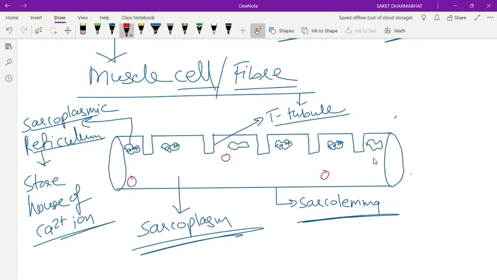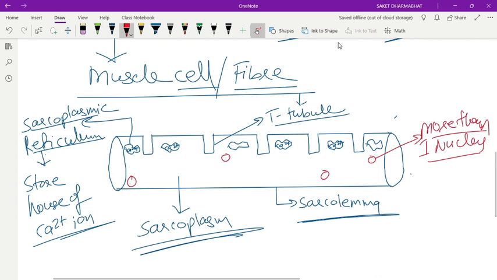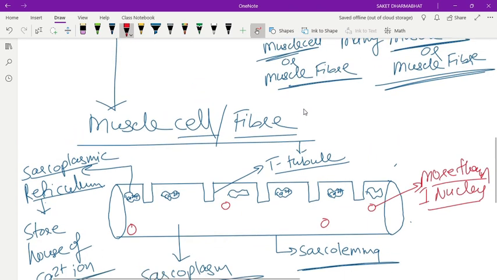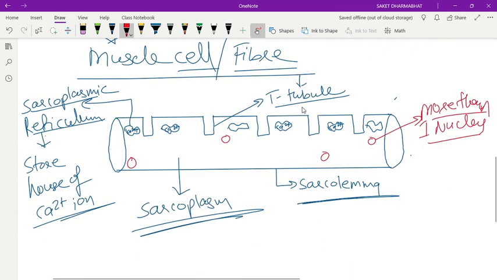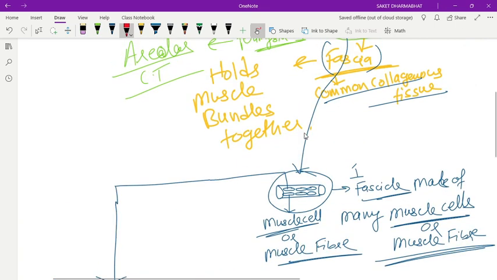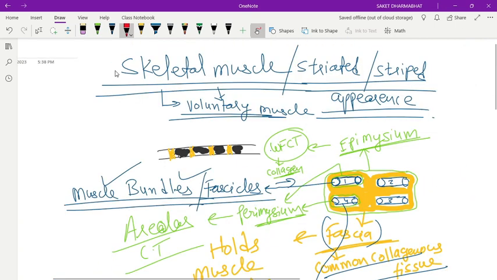But skeletal muscle has more than one nucleus.